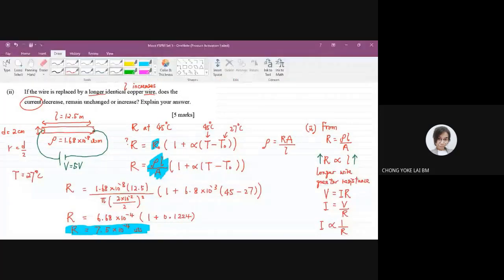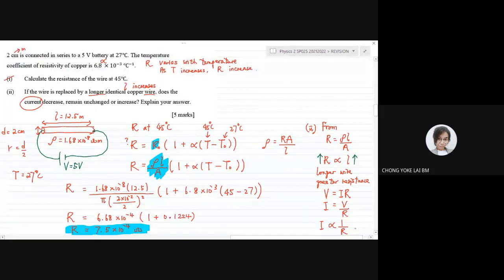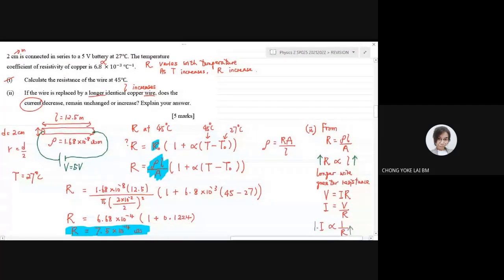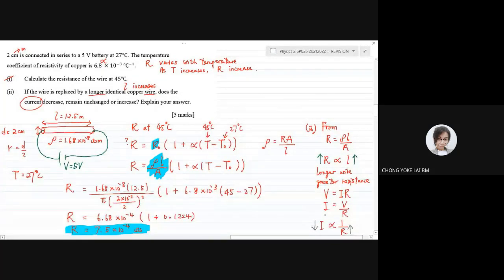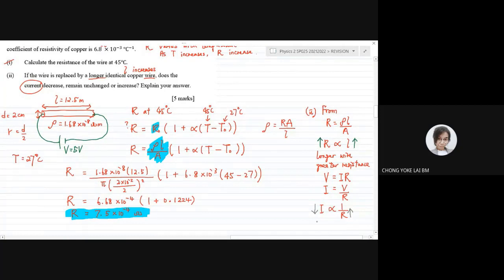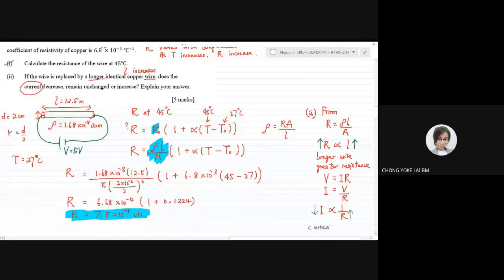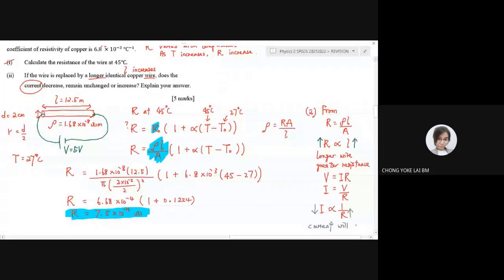It means that when your resistance is greater, what happened to our current? The current will be smaller. So our current will decrease. Current kita akan berkurang. So we will have the answer, current will decrease.